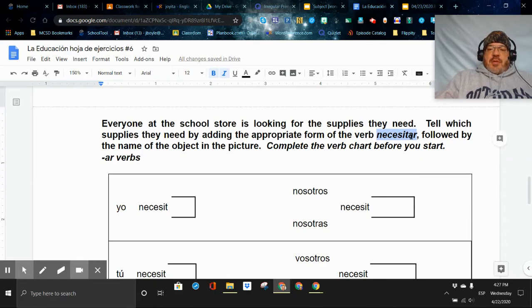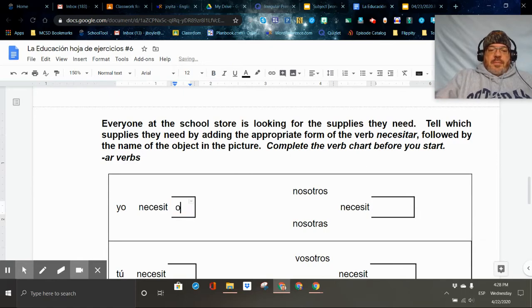What we're going to do is drop the AR and find the appropriate ending. So when we want to use the verb to need, necesitar, in the yo form, we drop the AR and we add O.